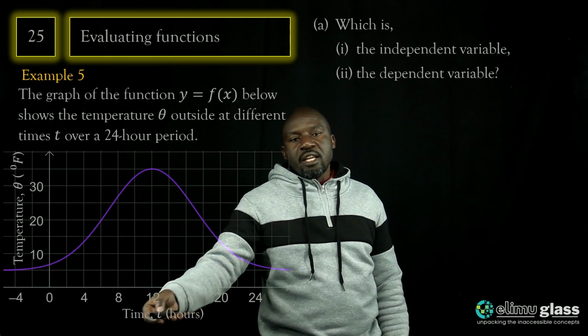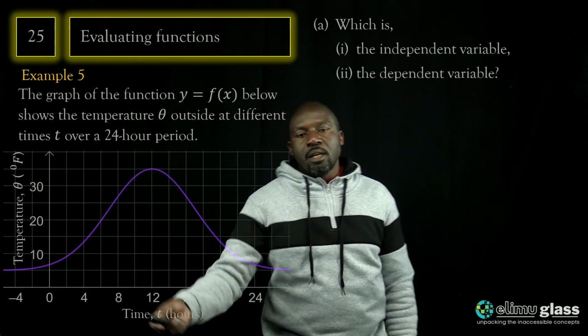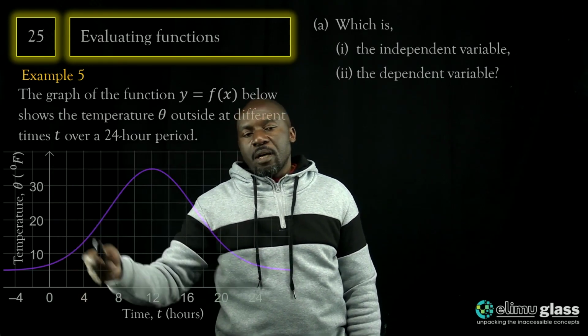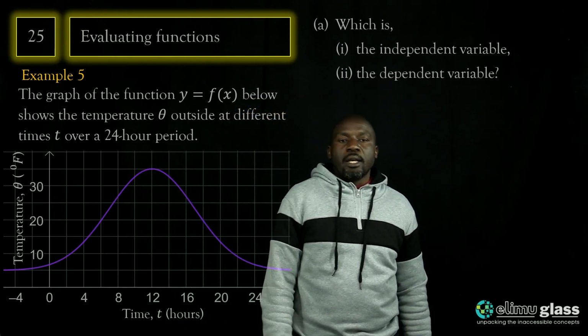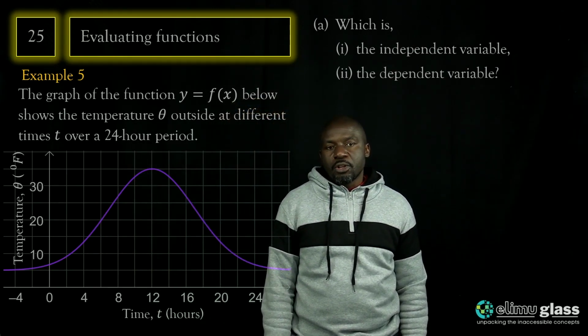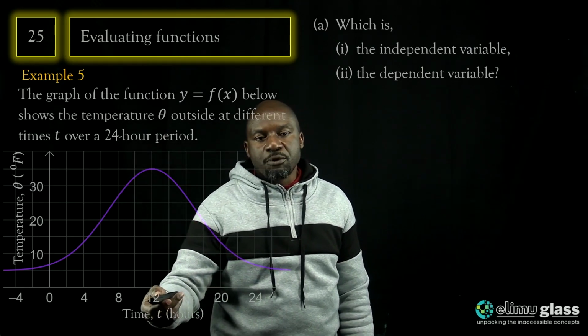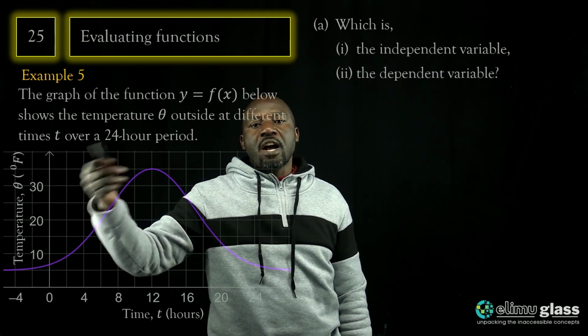So the independent variable is also the input. It's also the domain. The one that goes onto the y-axis is the dependent variable. It is also called the range, all right? It is also called the output, okay? So at this time, when we input a time of 12, the output is 35, and so on.